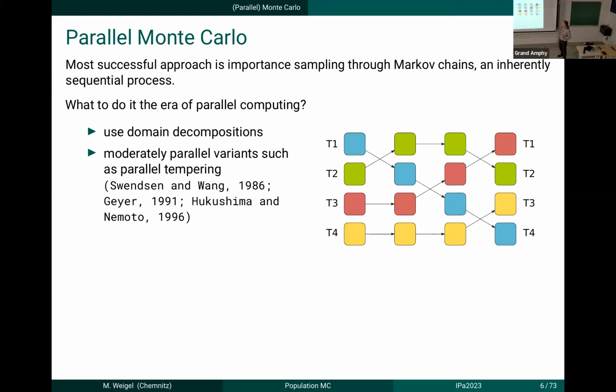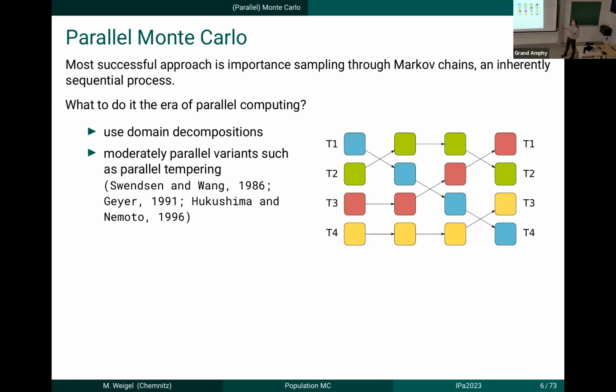Well, parallel tempering has parallel in its name, so it should be suitable for parallel computing. For those of you who might not be familiar, the idea here is that you simulate a certain number of copies of your system, otherwise identical, at different temperatures.